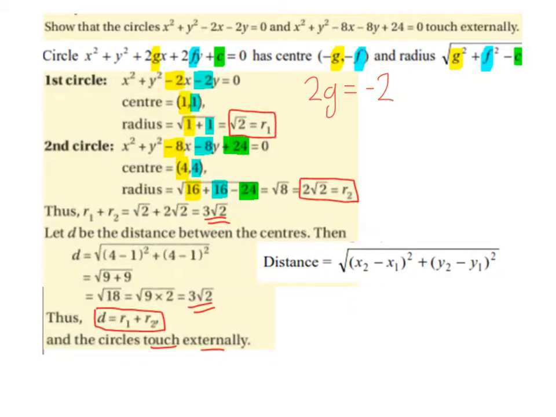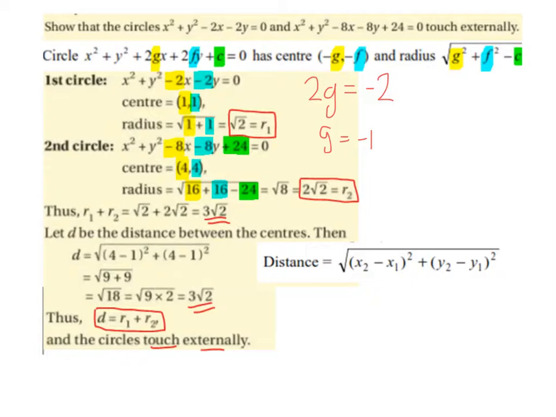So if 2g equals minus 2, then g is going to equal minus 1. And if g is equal to minus 1, then the x-coordinate of the centre of our circle is minus g, so minus minus 1 is going to be 1. So the x-coordinate for the centre of our circle is 1.